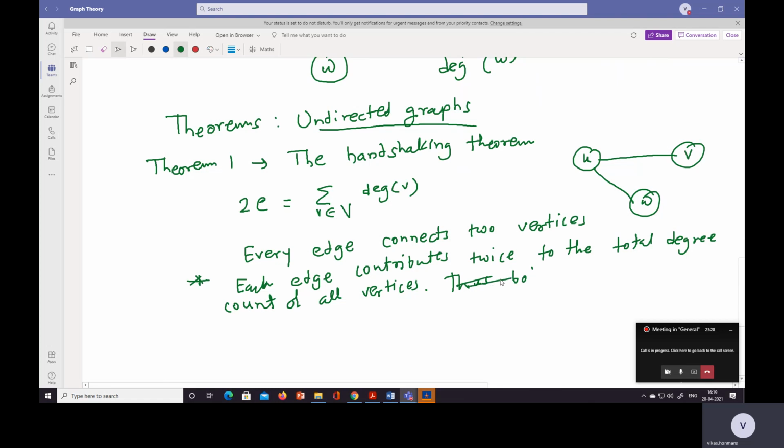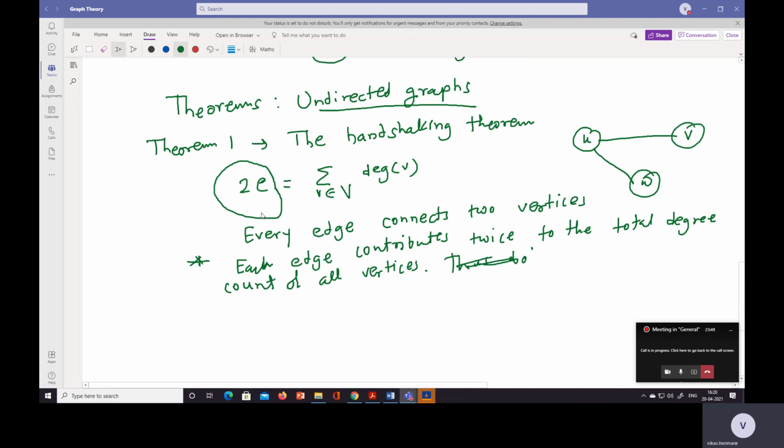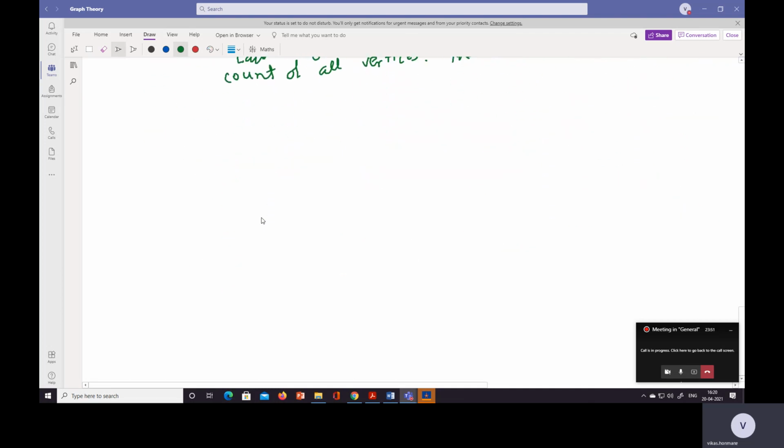That's why we have 2e. I think this handshaking theorem is clear to all. Then the second theorem, Theorem 2.